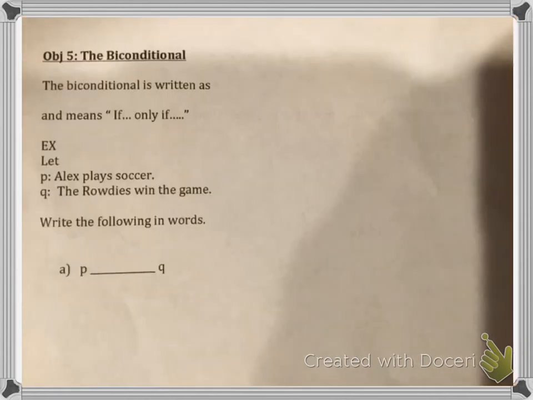Here's a final page. I'm on this example where it says let P be Alex plays soccer, and Q, the Rowdies win the game. So write the following in words. This actually reads P, if and only if Q. So let me reword that again.